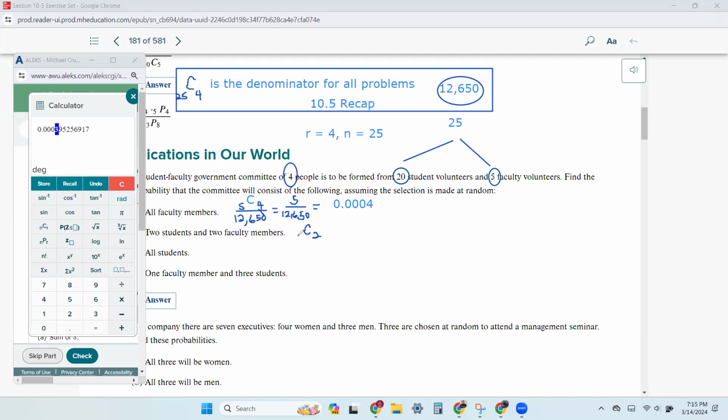This is the student part. And then we got an "and", so we're going to multiply those 2 in the numerator. And this one is going to be 2 taken from 5.